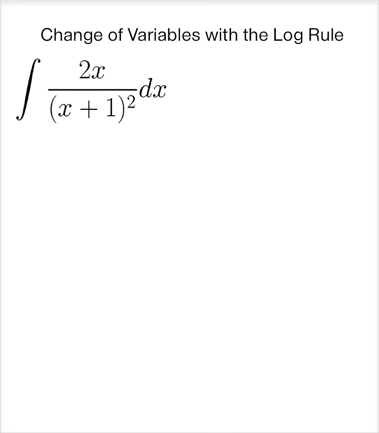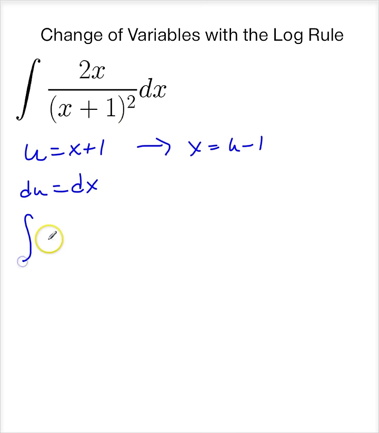Now finally, you may need to change variables when you're using log rules. So suppose, let me let u in this case, because I don't have a clear u situation, let me let u equal x plus 1. Then du is equal to dx, but let me solve this for x. x is u minus 1. Now let me plug all of this back into my integrand.